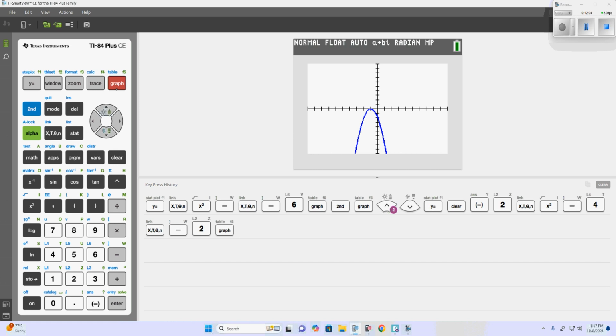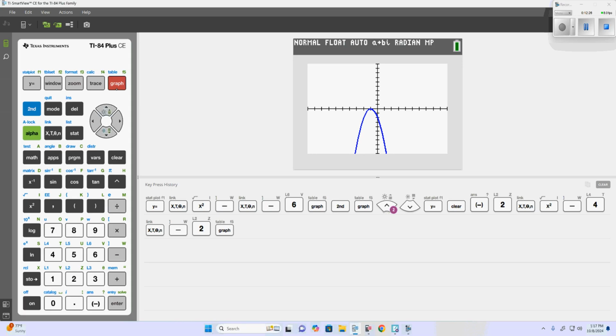Did you all get a graph that looks something like this here? Hit y equals. So you typed in, so let's look back. So we had what?